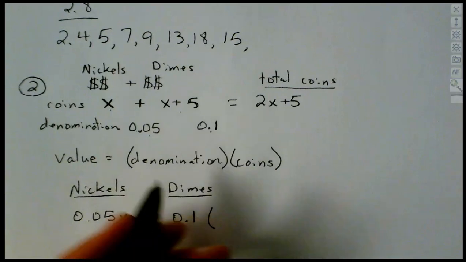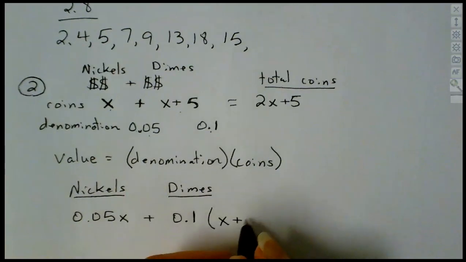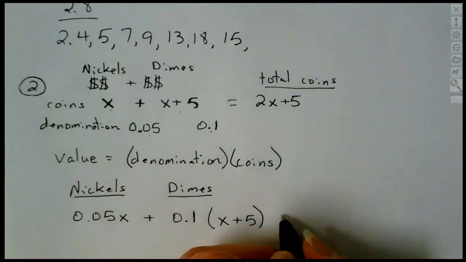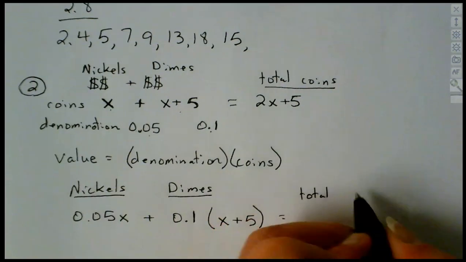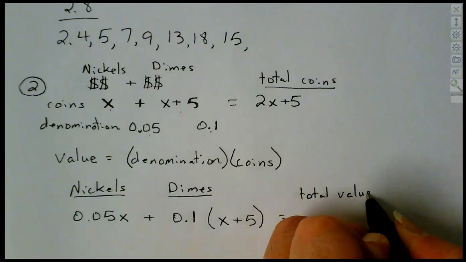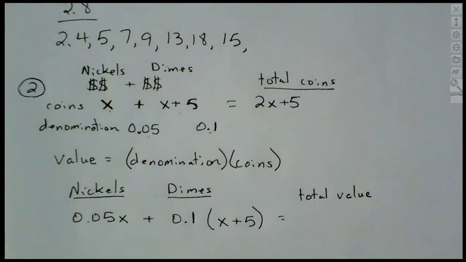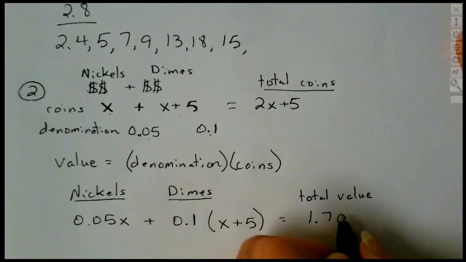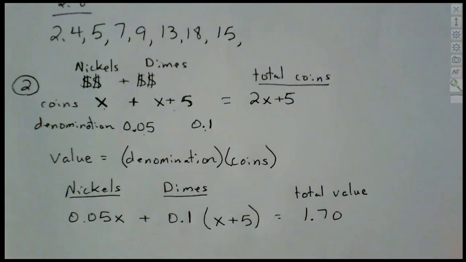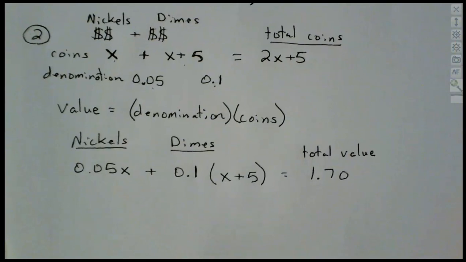Going back up here, we've got x plus 5. And what's my total value of all the coins put together? Well, if we look at our question, the total value of all the coins put together is going to be $1.70. So there's your equation. All you need to do is finish it, and that's going to give you the number of nickels that you have, and that's going to be your answer.